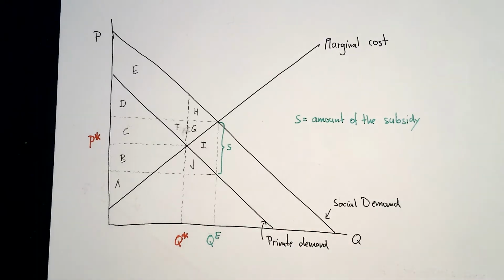In this case of the positive consumption externality, we have to subsidize the market. Now, let us have a detailed look at what exactly is going to happen in this case of subsidy.